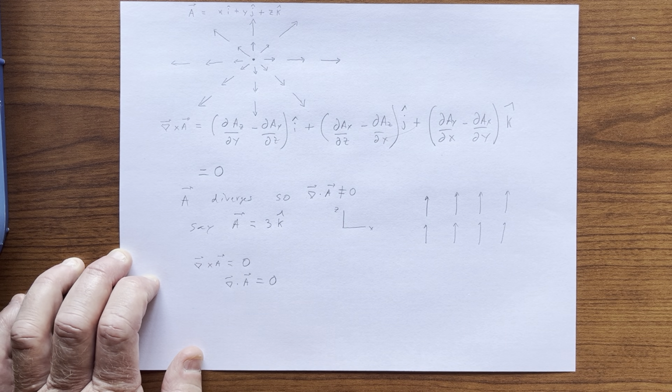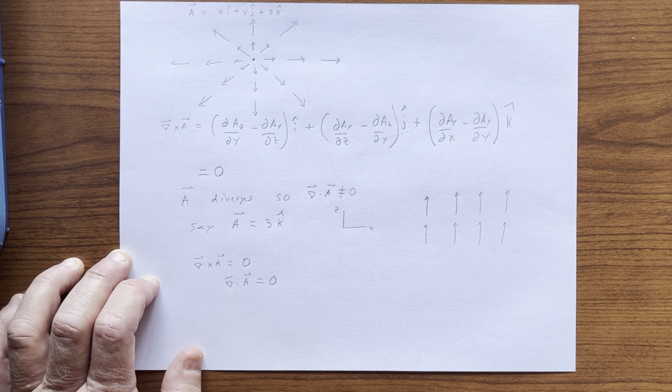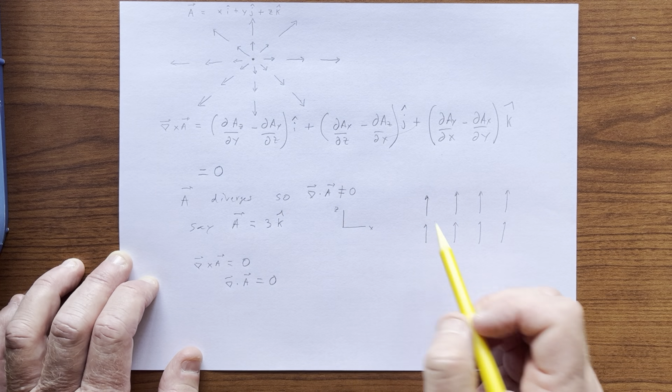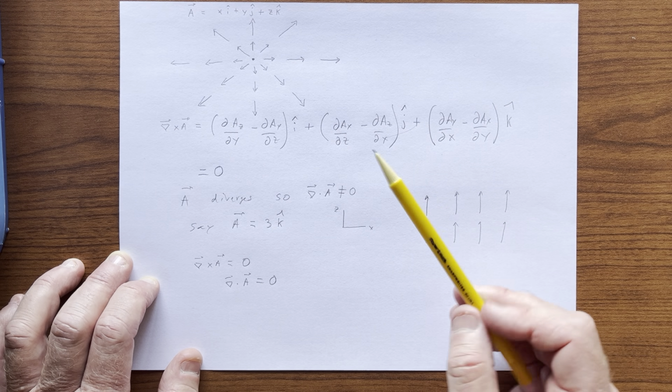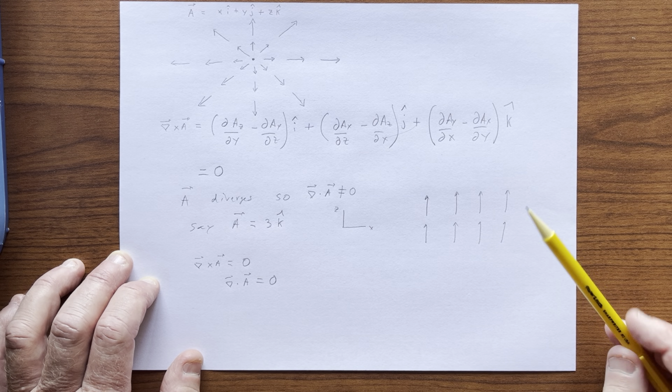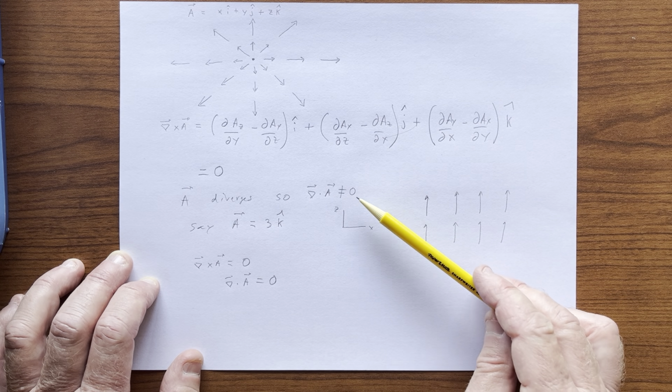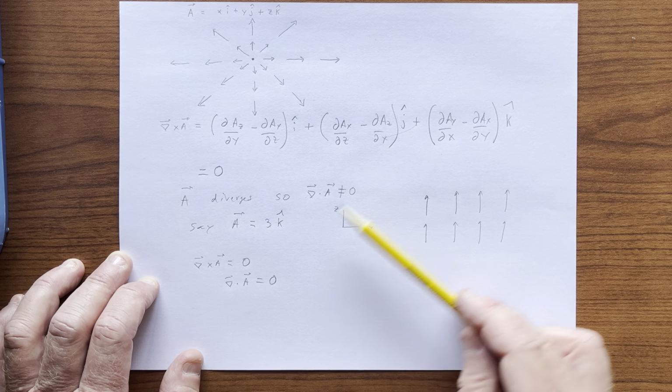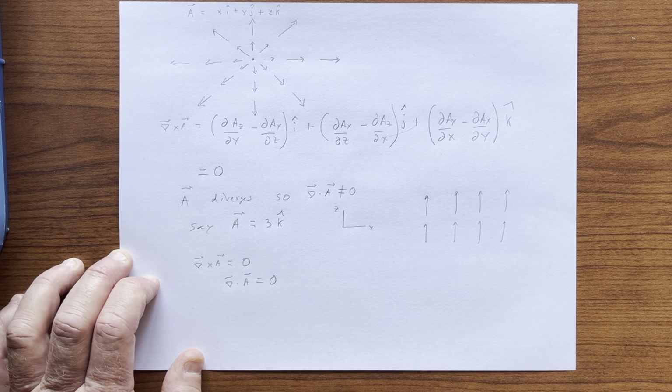The divergence of this vector field is also equal to 0. So we're starting to get a sense of what kinds of fields don't have a curl, and which have a divergence or not. We'll want to get to vector fields that do have a curl.